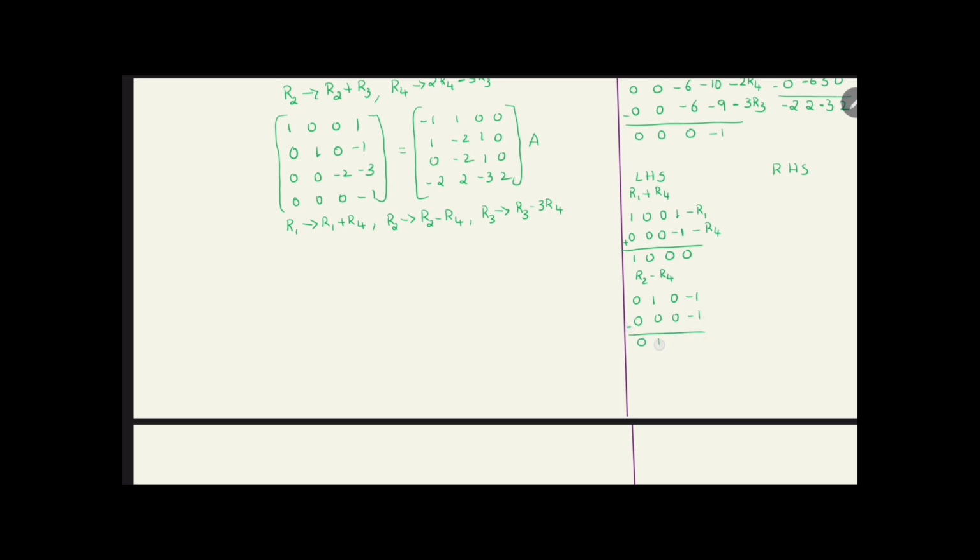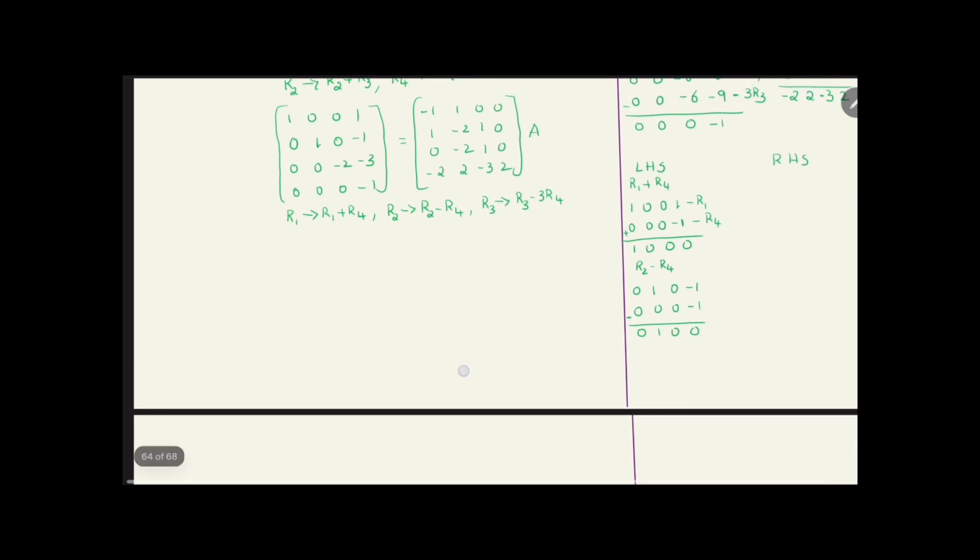Okay, 0 1 0 minus 1, minus of minus 1, that is 0 here. Okay, next, R3 minus 3R4. What is R3? 0 0.